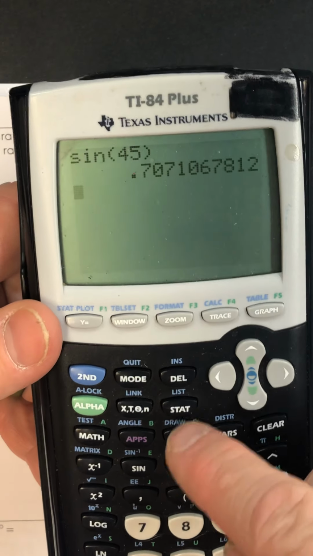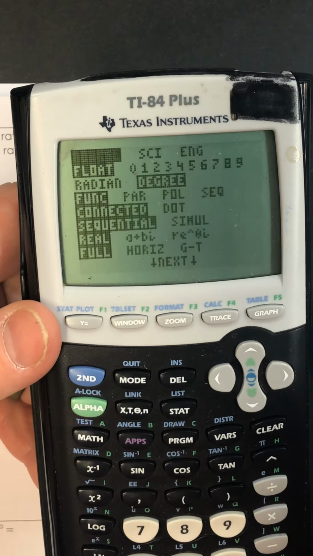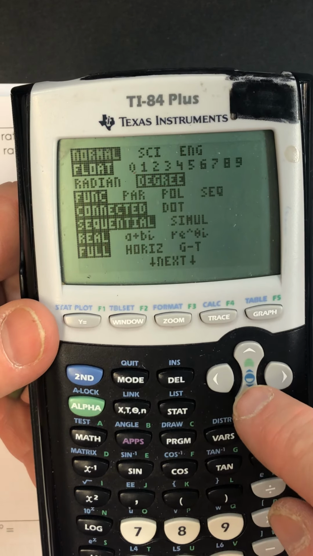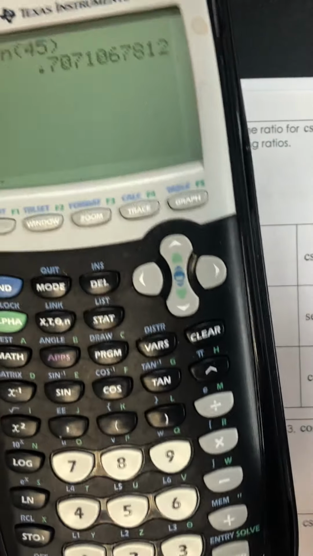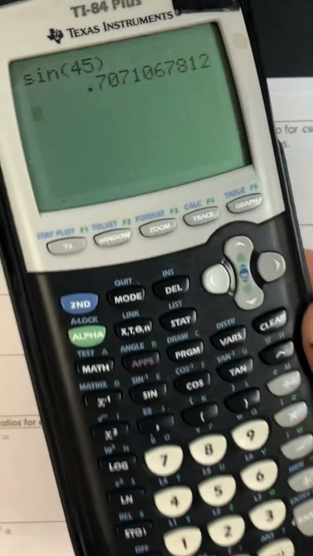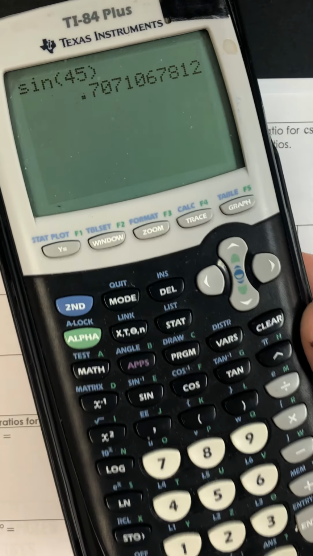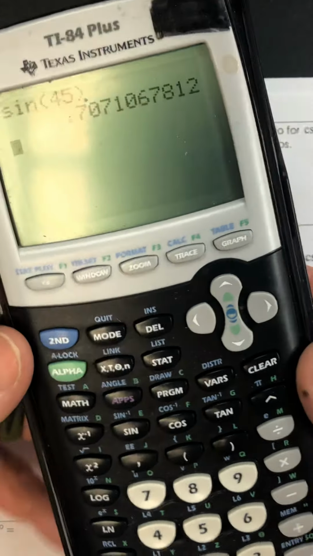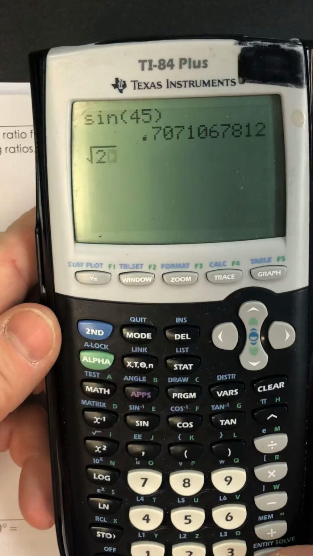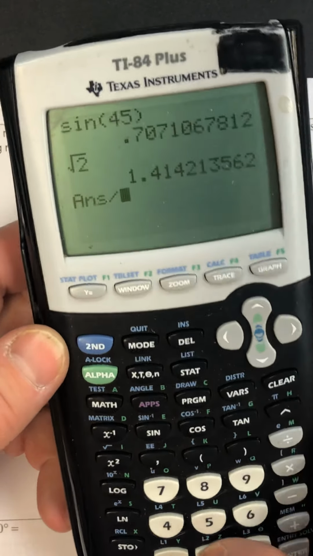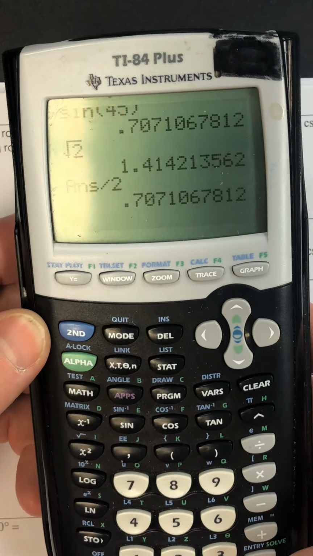All right, so my mode, degree is highlighted. Good. Okay, so 0.707 would be the decimal. Sine of 45 is the square root of 2 over 2. So you could find it that way. If you did the square root of 2 divided by 2, that's square root of 2 over 2, you get that same decimal, 0.707.